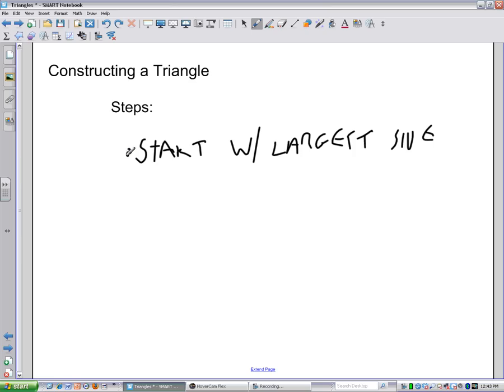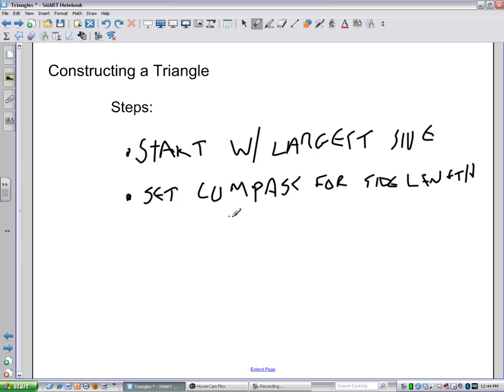Step 1. Then set your compass for another side length, not the one you already did. Swing the arc.